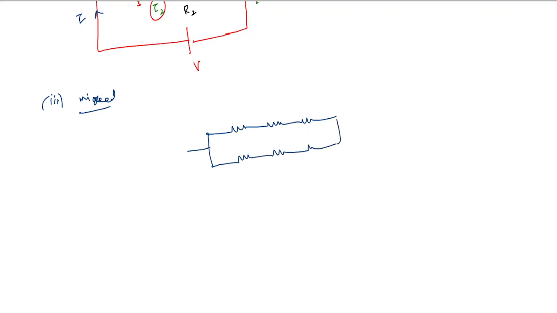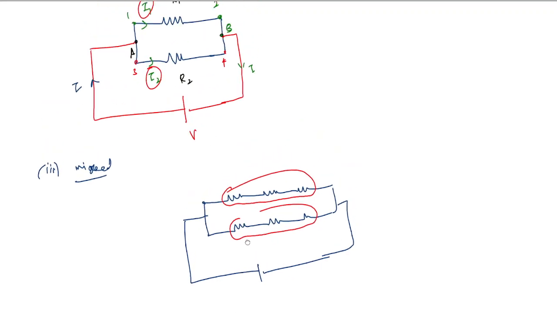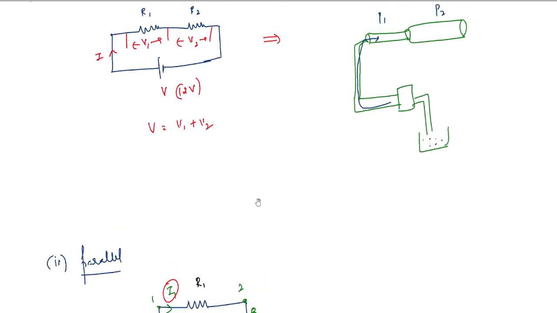So this is one example of a mixed combination, where we find some resistors are in series, and also here some are in series, but these two branches are parallel to each other. This is called mixed combination. So these are the basic ways of arranging resistors.